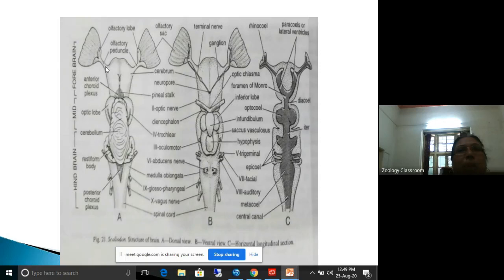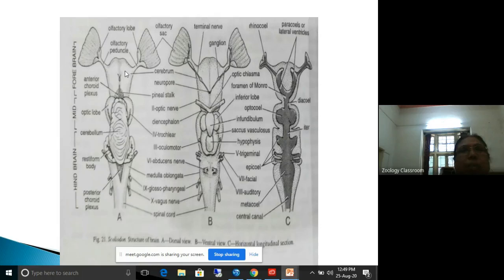This is the olfactory peduncle on one side, which ends in the sac-like or fan-like structure called the olfactory sac, and these are the lobes. The olfactory lobe joins the cerebral hemisphere on the lateral side by the olfactory peduncle. It is also called the olfactory tract. The olfactory lobe is also called the rhinencephalon.